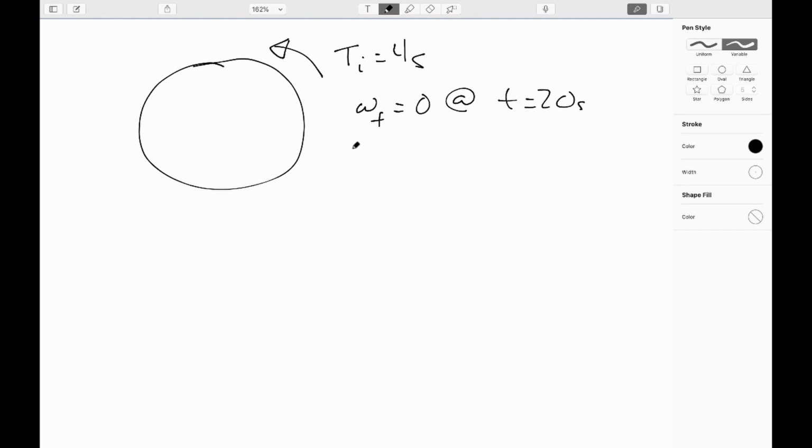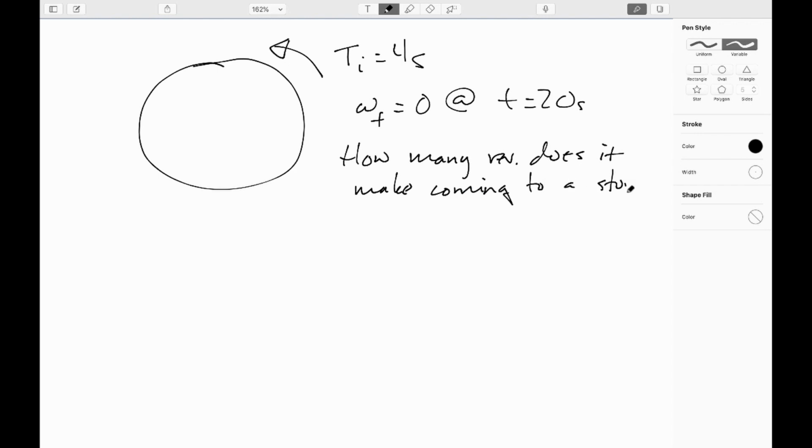What I'd like to know is how many revolutions does it make coming to a stop. Okay, so what's that really asking for? Well, if we say theta initial is 0, this is asking for what is theta final.